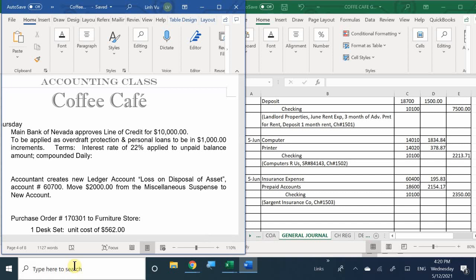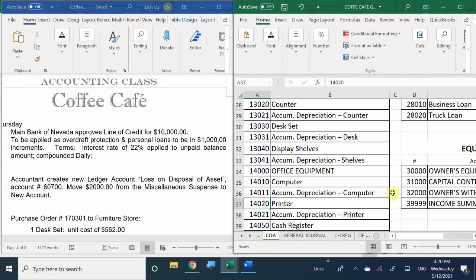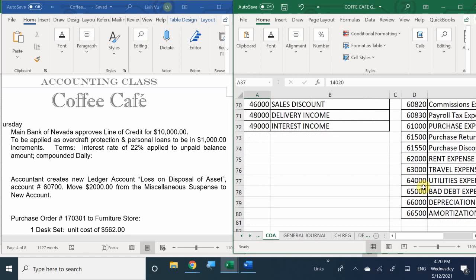You have to create the new account first. Well, let's take a look at our chart of accounts. What was it? 6,700.